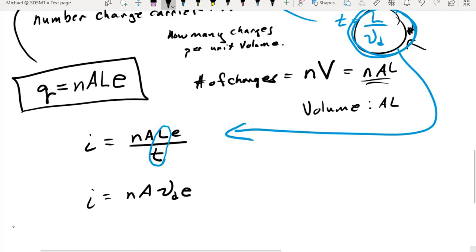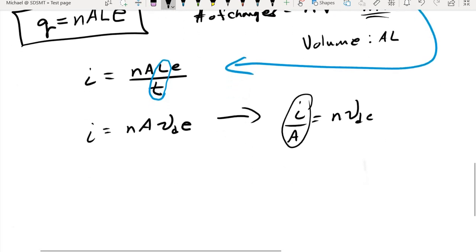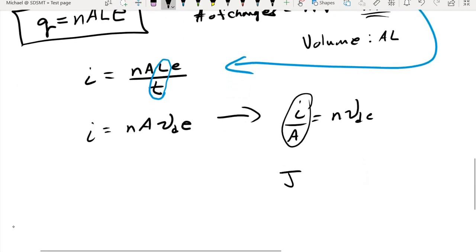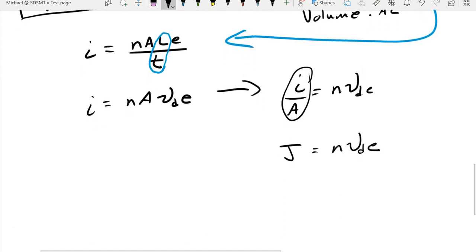And then we can take that one step further. If I divide each side by the cross-sectional area, if we remember, I over A equals current density J. And if we go back and write current density as a vector, well, that means that some term on the other side has to take on the responsibility of being a vector, and that's going to be our drift velocity.